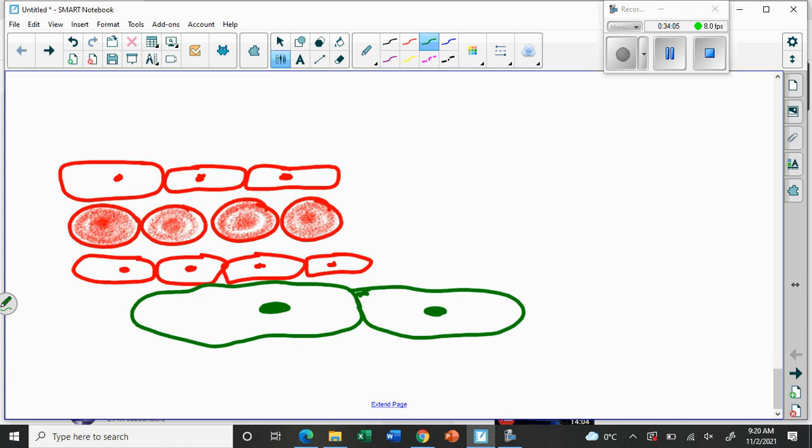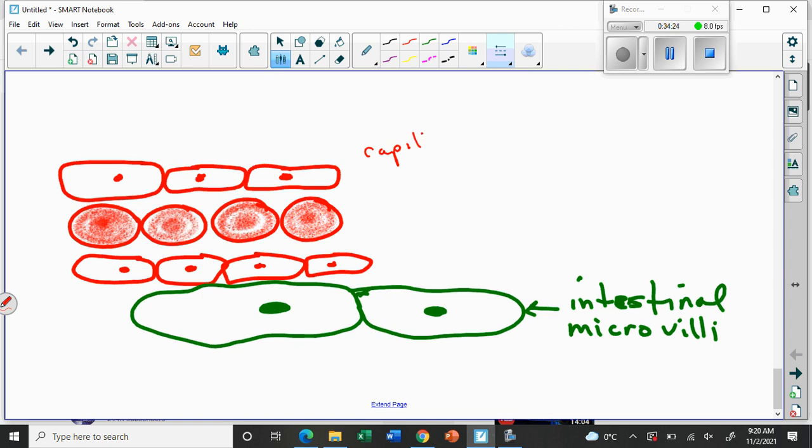Let's write here intestinal microvilli, those very, very tiny projections. They're made of cells. And then let's write here the capillary, and let's write red blood cells inside the capillary.